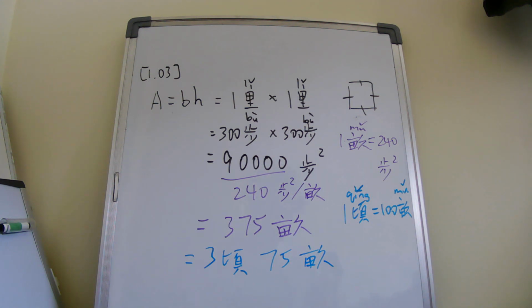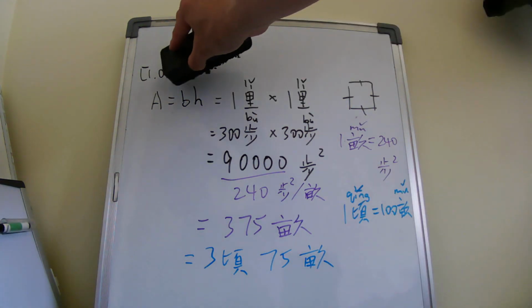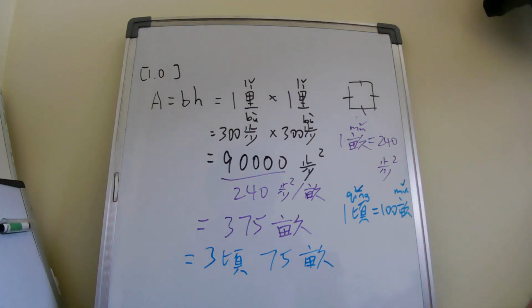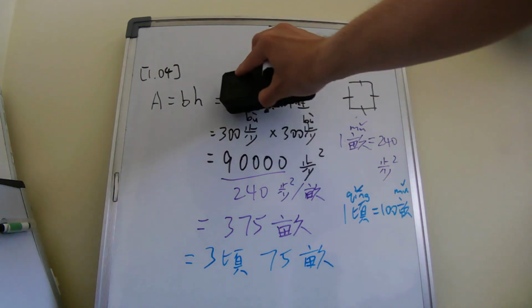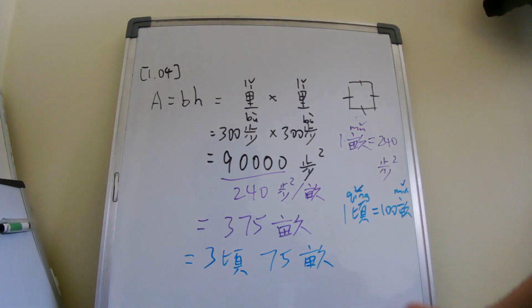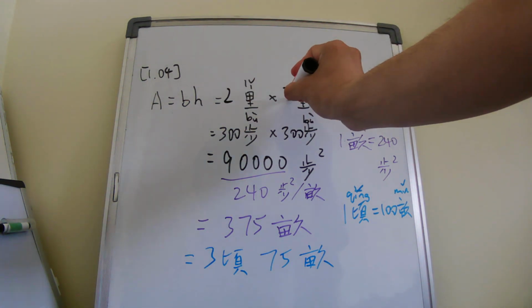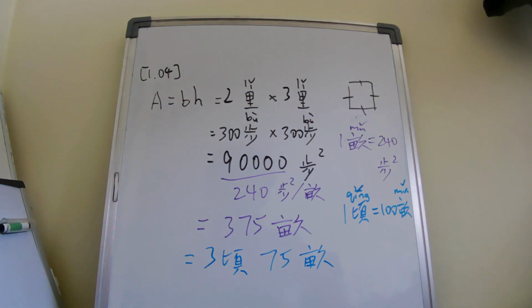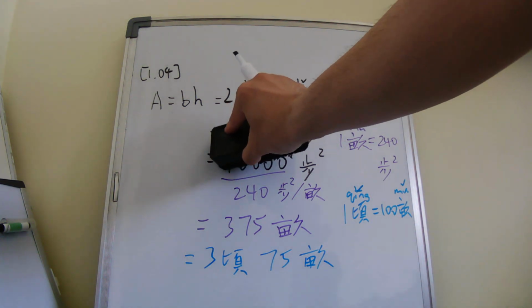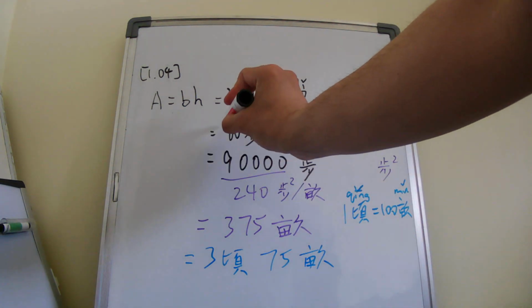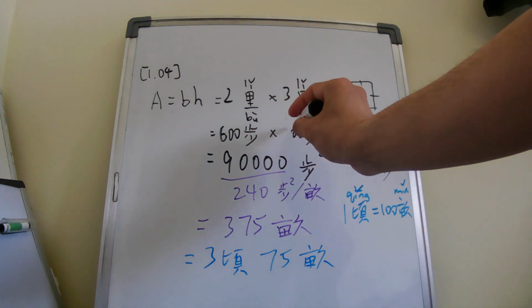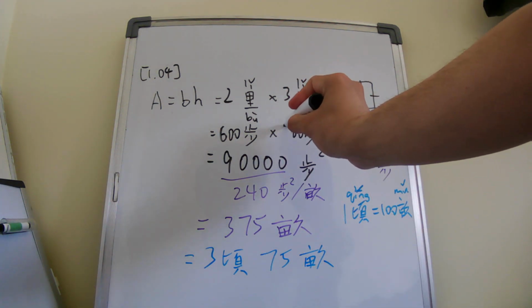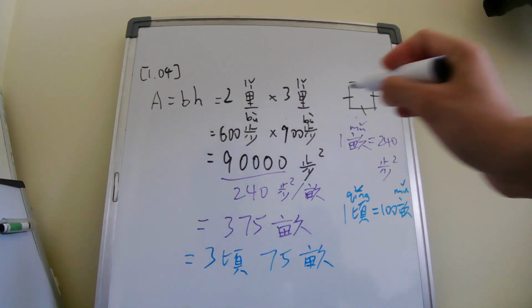So to explain 1.04, I'll just quickly explain that too. 1.04 has the exact same formula, the exact same method. It's the same type of problem, just they change the numbers a bit. So this is going to be 2 and 3, 二里, 三里. 2 li becomes 2 times 300, so that's 600, and 3 li is 900.